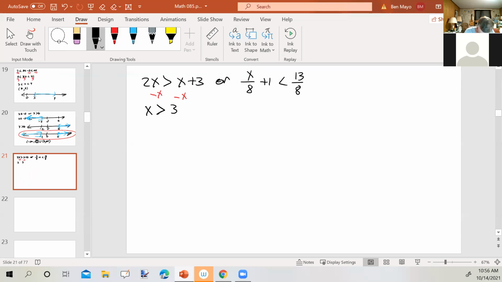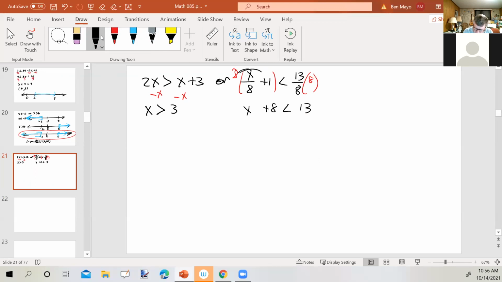X is greater than 3. Okay? The second one, let's see. I'm going to multiply both sides by 8. So that's going to give me what? X plus 8 less than 13. Everybody okay with that?